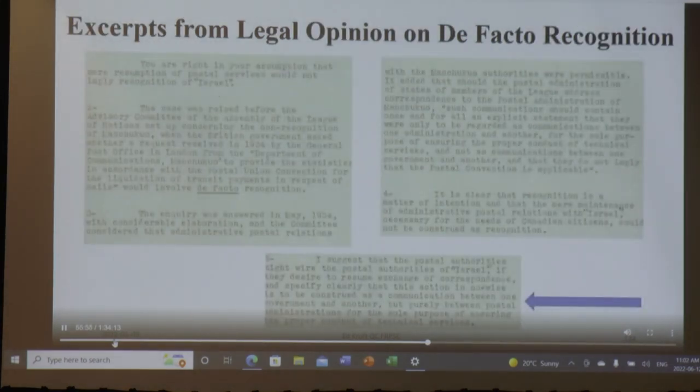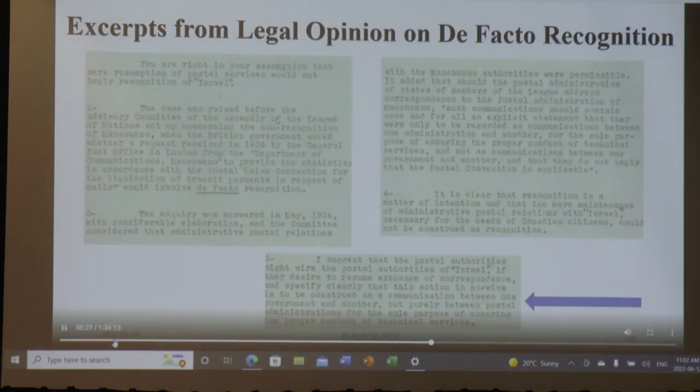And here is an excerpt from the legal opinion that was rendered by External Affairs. And they say, you're right in your assumption that the mere resumption of postal services would not imply recognition of Israel. And he talks about the legal precedents of why that would not necessarily be the case, stemming back to 1934, when the puppet state of Manchukuo was established by the Japanese in Chinese territory.